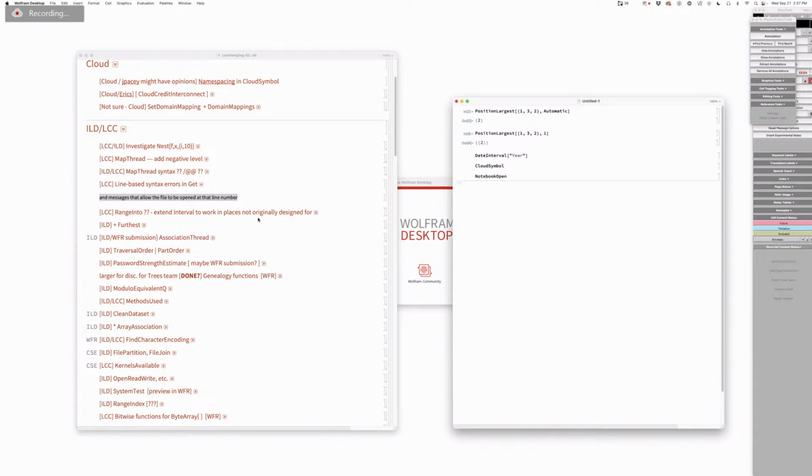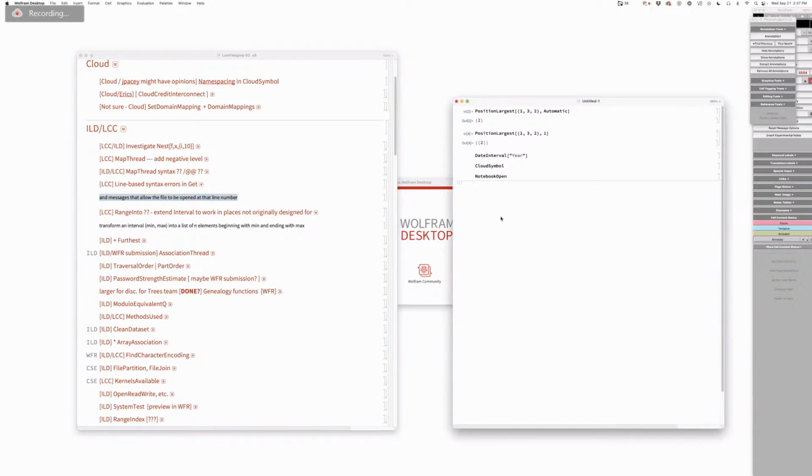Okay, next up. Range into... Transform an interval of n elements. Don't we have this now? Isn't that Subdivide? I think it is. Looks like it to me.